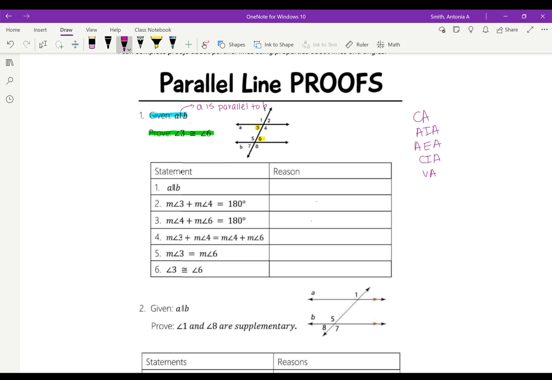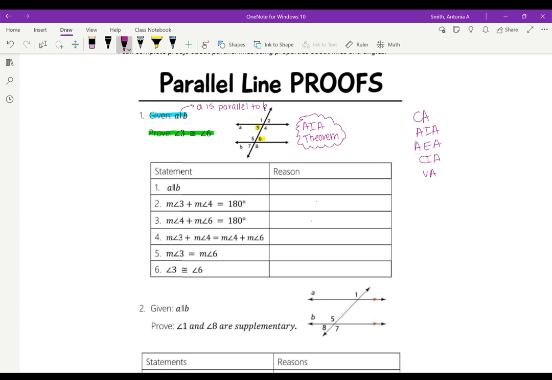The theorem that we are trying to prove for number 1 is the alternate interior angle theorem. This theorem says that if your lines are parallel, then alternate interior angles are congruent, which is something that we've said before. Now we're going to prove that it's true.